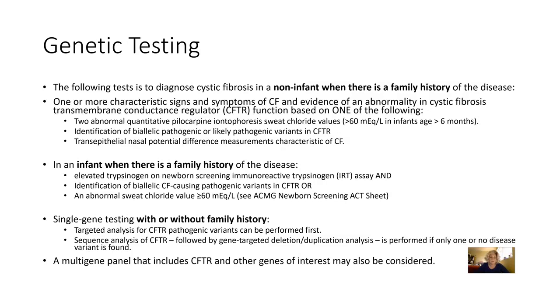You could also do a multi-gene panel that includes CFTR and other genes of interest that may also be considered. The multi-gene panels may include genes that are not associated with the condition discussed, so the clinicians will need to determine which multi-gene panel is most likely to identify the genetic cause of the condition at the most reasonable cost while limiting identification of variants of uncertain significance and pathogenic variants in genes that do not explain the underlying signs and symptoms.